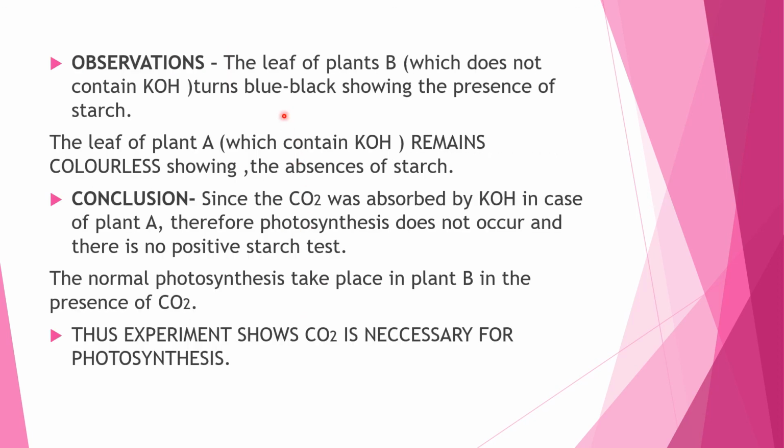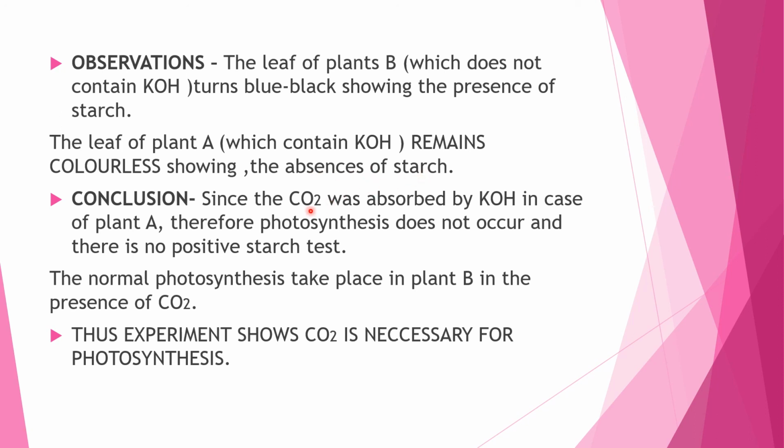So the observation: the leaf of plant B which does not contain KOH turns blue black, showing the presence of starch. The leaf of plant A which contains KOH remains colorless, showing the absence of starch.